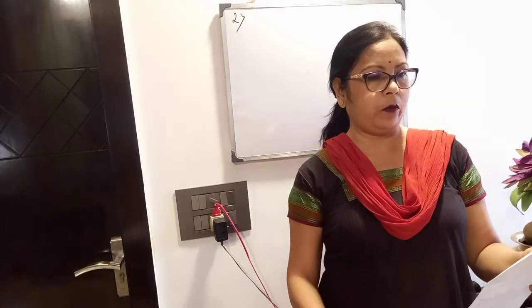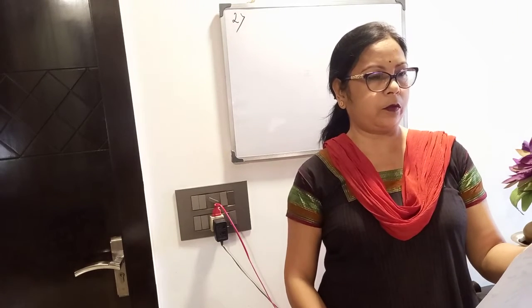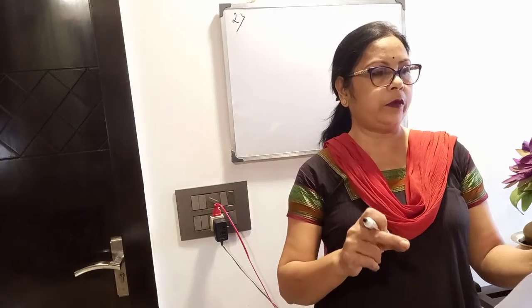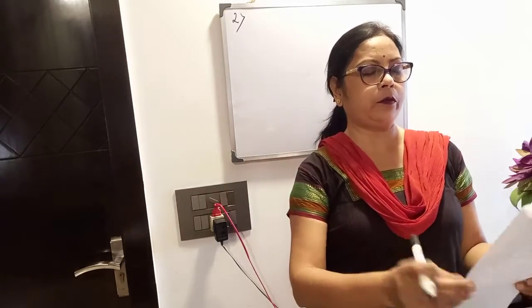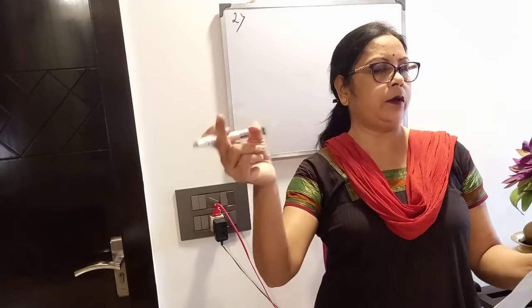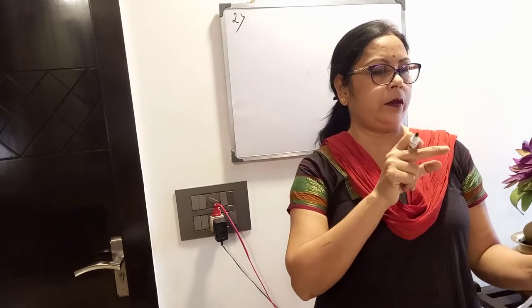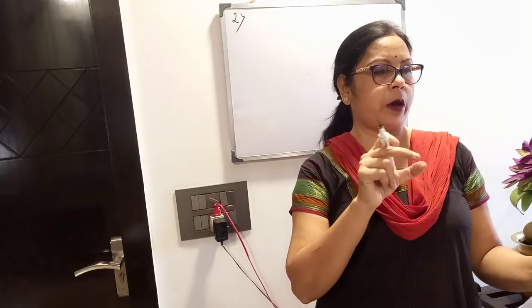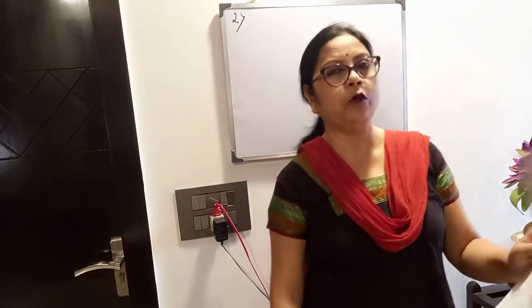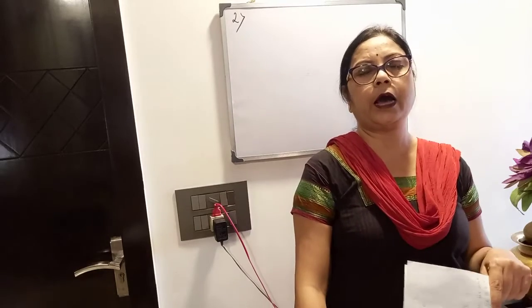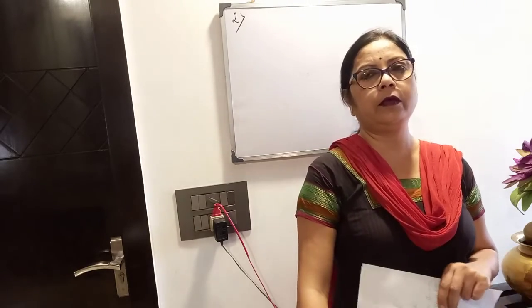Total time is given, and the total distance covered is 16 km: 8 km he goes to that place and he returns the same distance by boat, that means 8 km and 8 km. Here you know the relation between speed, time and distance.